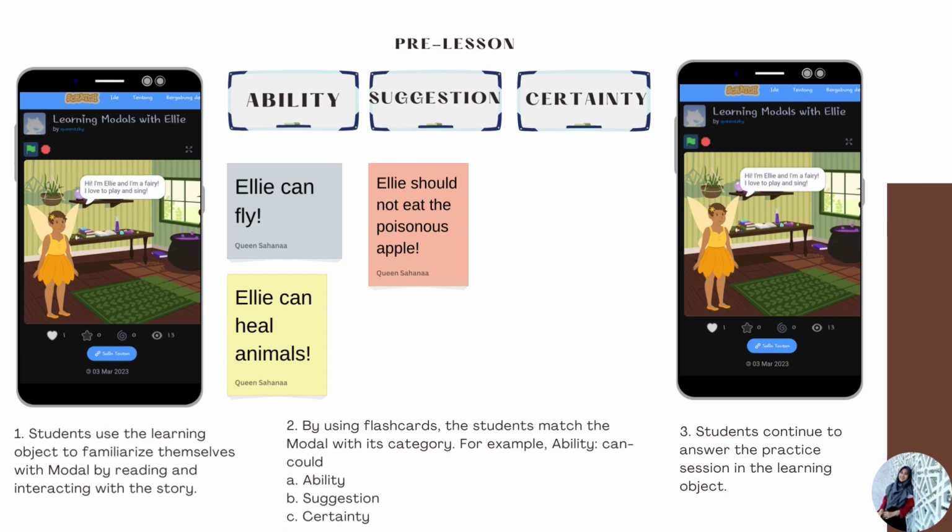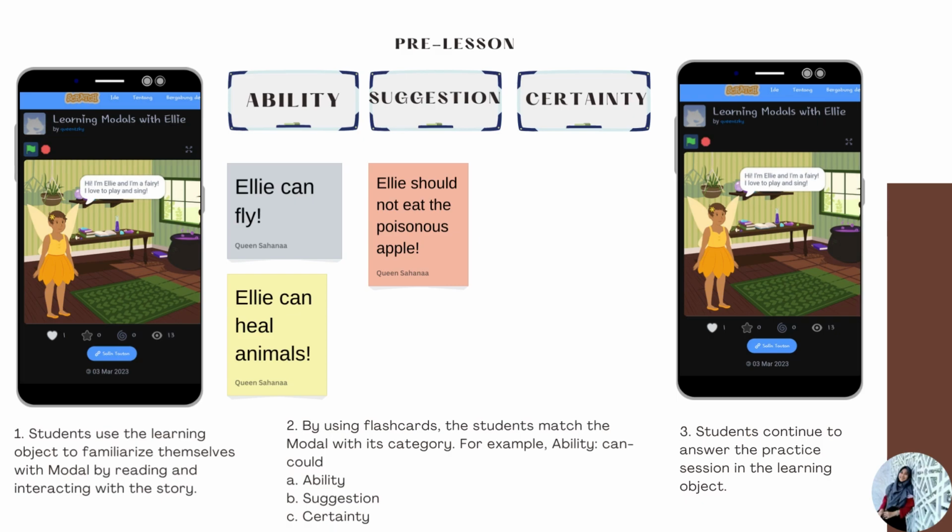Below is the visualization of the activity. Number one, the teacher asks the students to use the learning object to interact and familiarize themselves with the concept of modals through the Ellie story. Number two, the teacher will put three categories onto the board, namely ability, suggestion, and certainty.